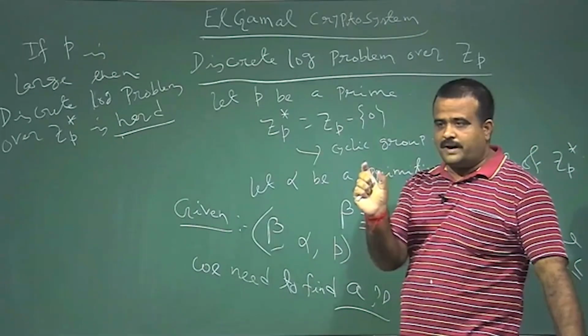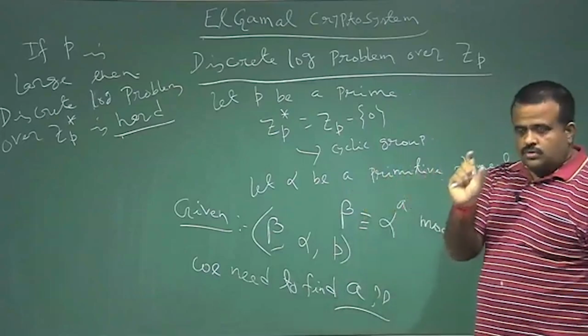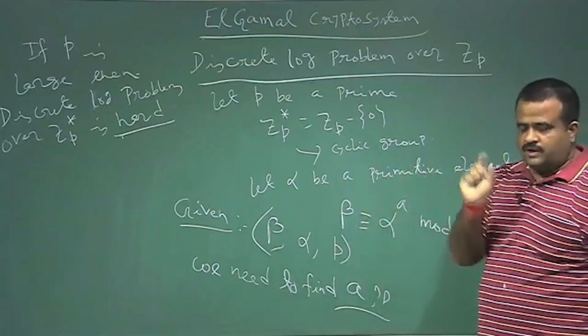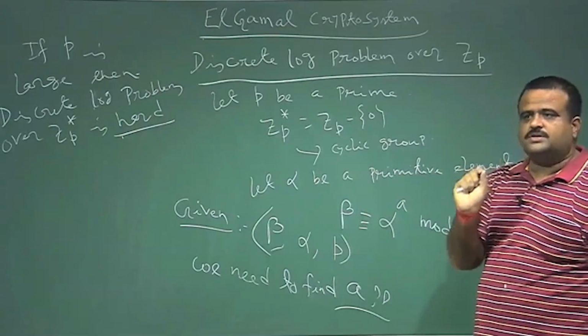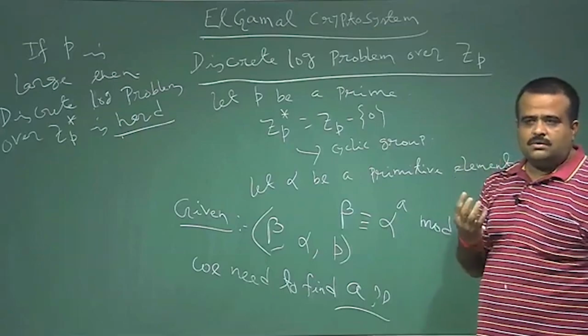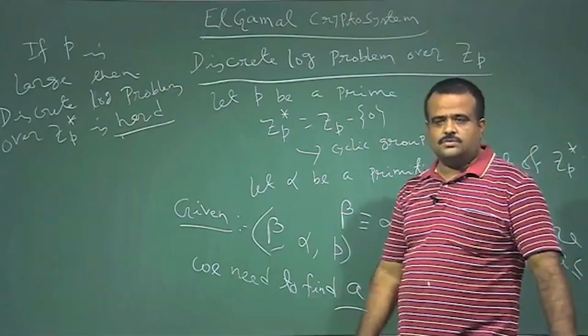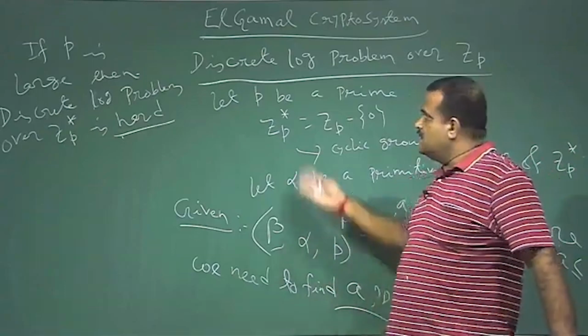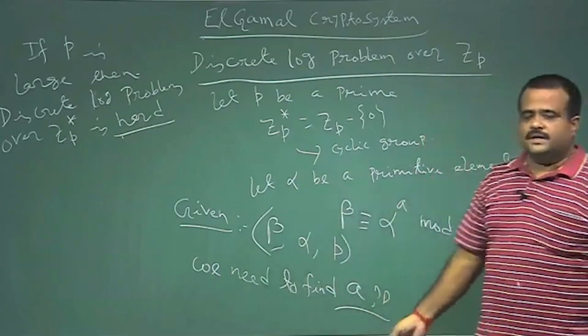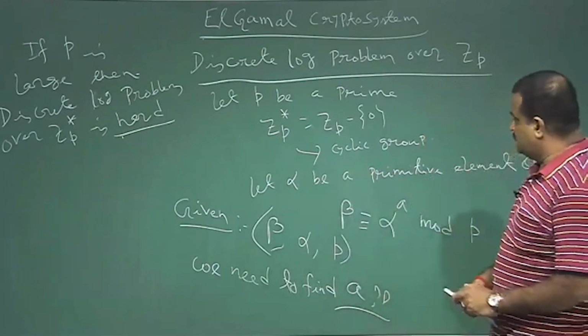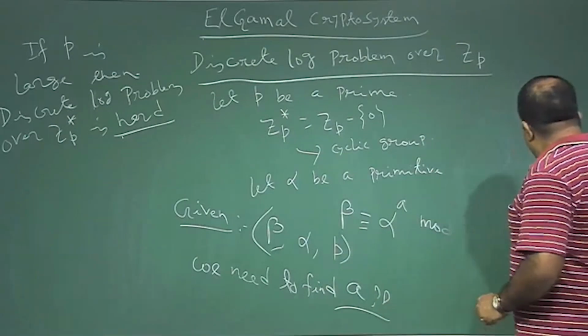If we are given an integer which we know is a product of two primes, n equal to pq, then getting p and q is hard. That is the hardness for RSA. Here the hardness is that of the discrete log problem.